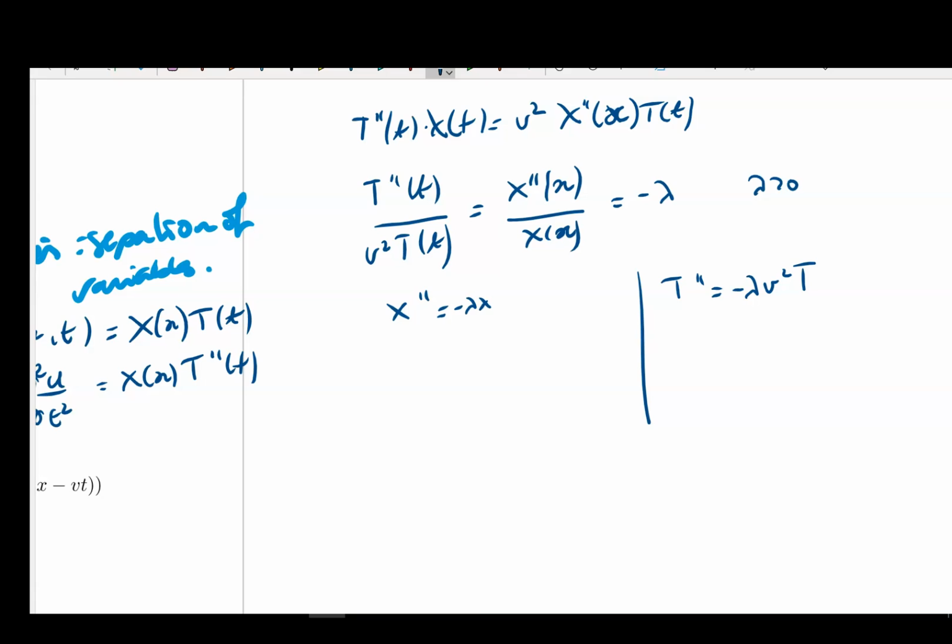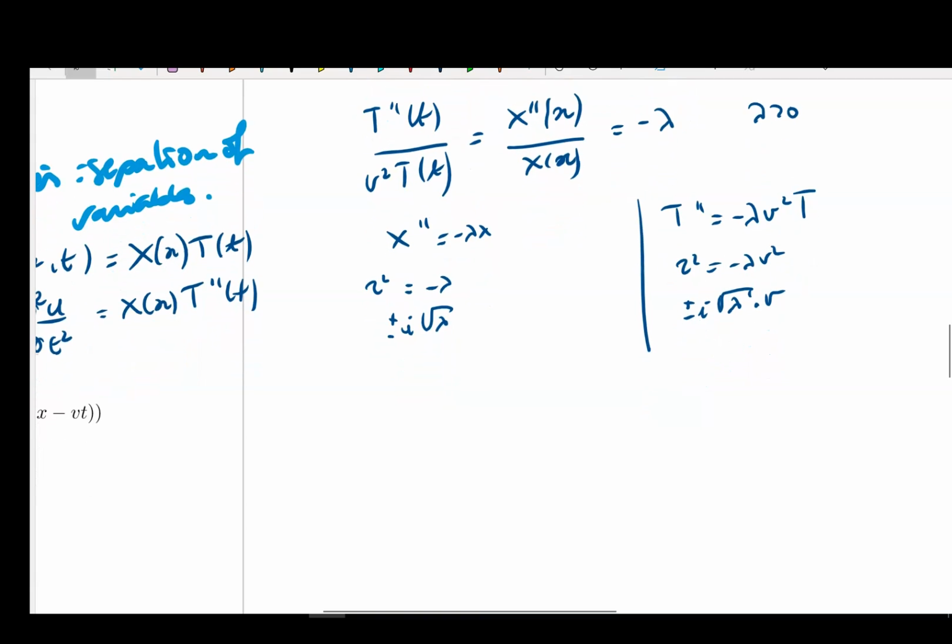You know how to solve these equations. You write the characteristic equation corresponding to that. So r squared is equal to minus lambda, and r squared is equal to minus lambda v square, and so that means you have two pure imaginary roots, plus and minus i square root of lambda, and plus and minus i square root of lambda times the absolute value of v, and you know that this will lead to some solutions in cosines and sines.